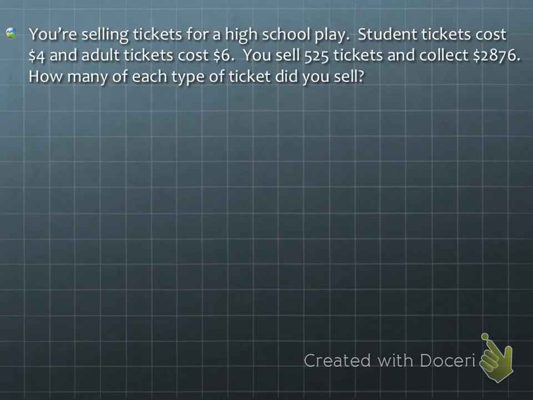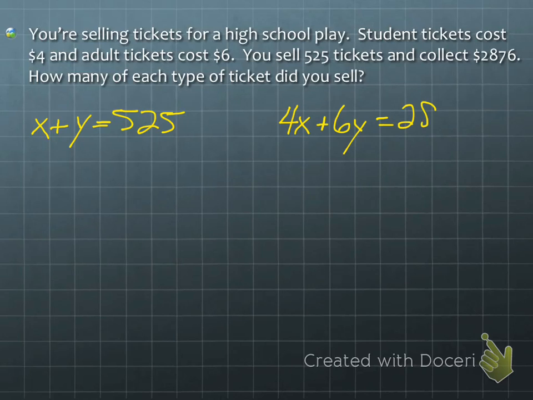This word problem we did two days ago. You had two different equations. You had x plus y equals 525. And then you had 4x plus 6y is equal to 2,876. So for me to solve this by doing combinations, what I can do is multiply the equation on the left by negative 4.